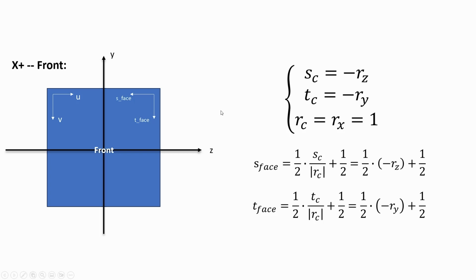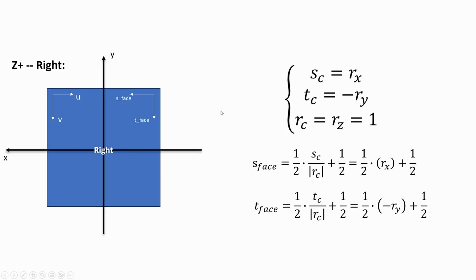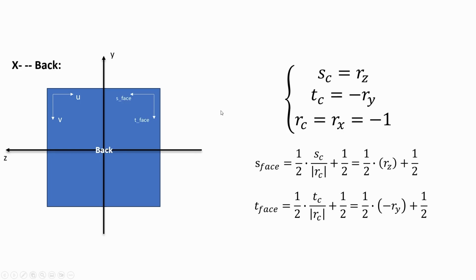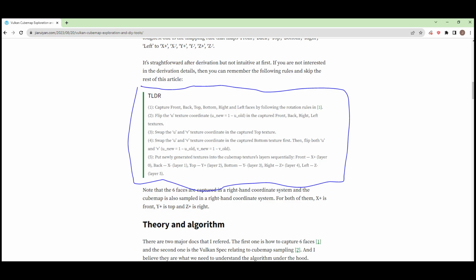So I spent some time on the derivation, and I found that we only need to try to remap UV to ST in the illustration below. As a result, we have the following conclusions.